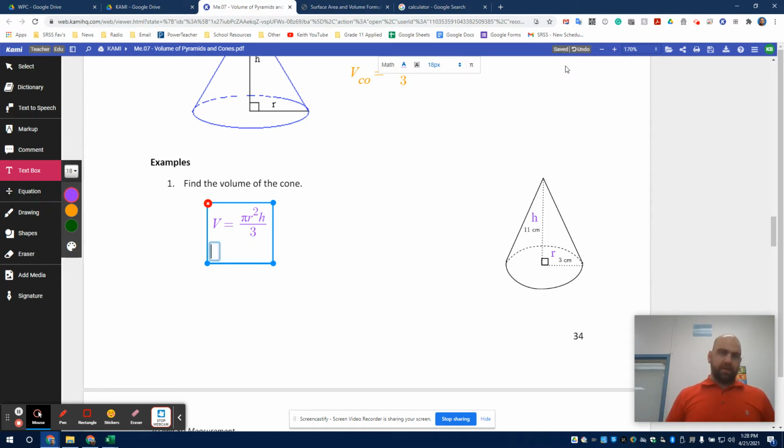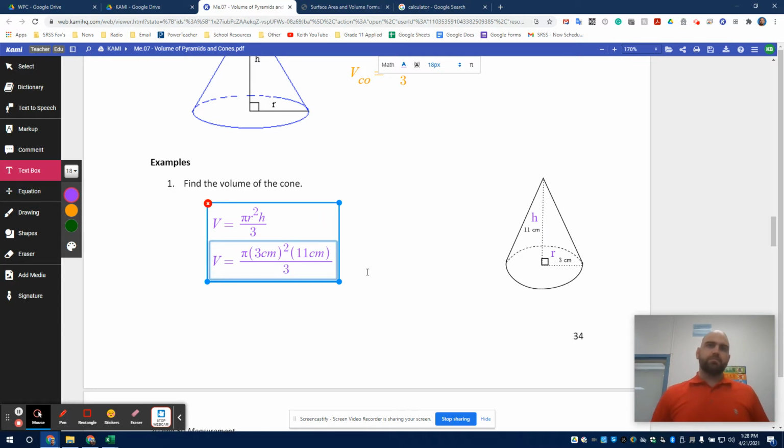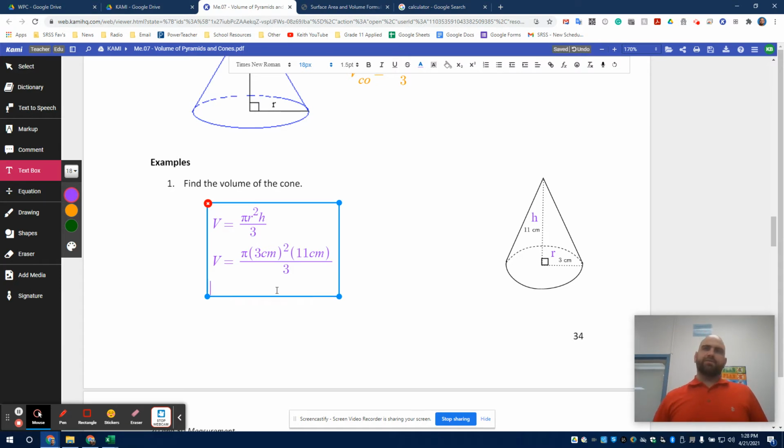When we plug our numbers in, volume is equal to pi times r squared, so 3 centimeters squared, times h, which is 11 centimeters, and we're going to divide that all by 3. All right, so that is to find our volume.